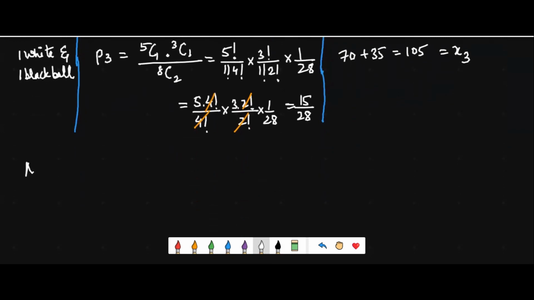So now the expectation would be again the summation of i going from 1 to 3, xi pi.